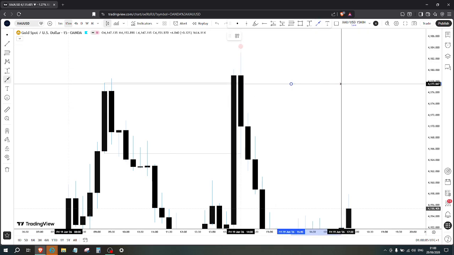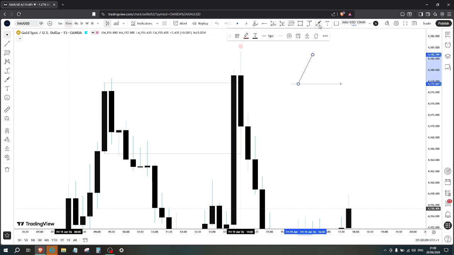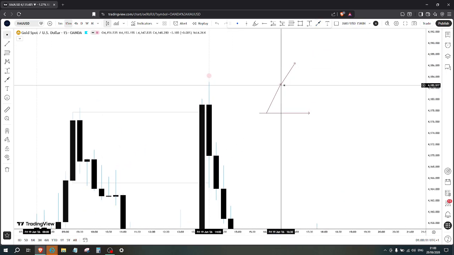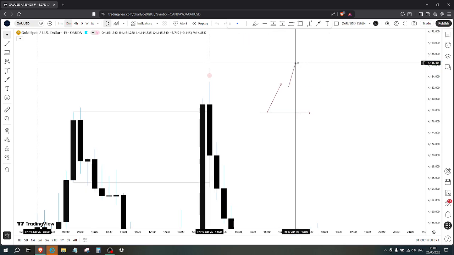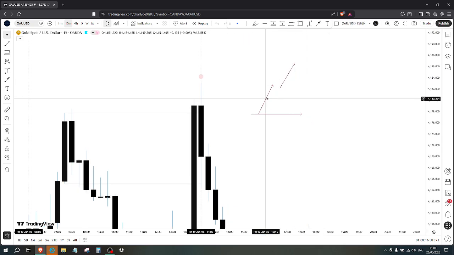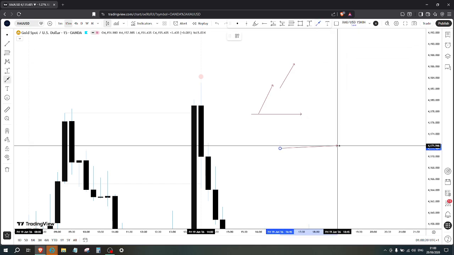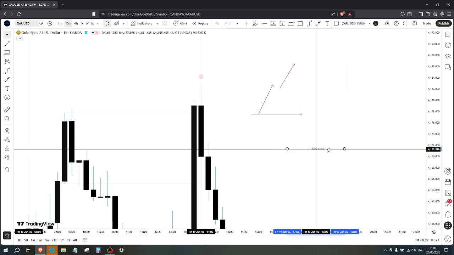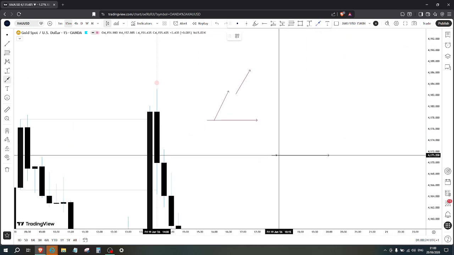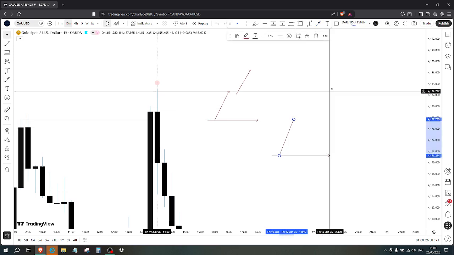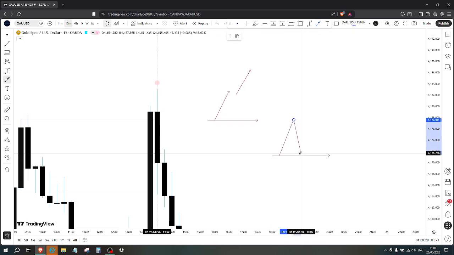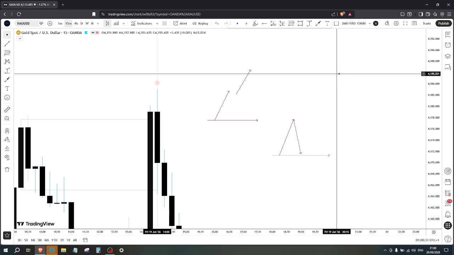So we've got two types of breaches. Option A: the first candle that breaks the first high or low, and then the second one, we have a push to the upside, then a push to the downside.